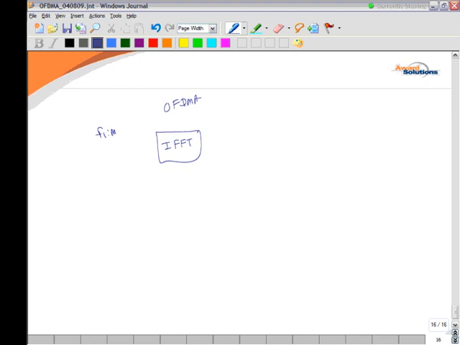You have F1 sending out one modulation symbol, then F2 sending another modulation symbol, and so on. These are all orthogonal subcarriers carrying your modulation symbols. Now let's observe the signal that is coming out of this IFFT.